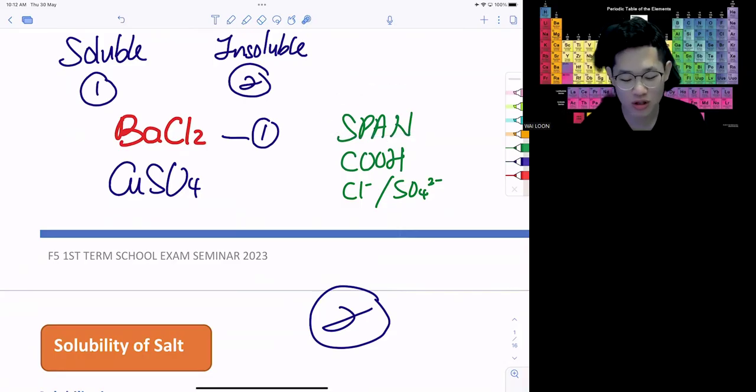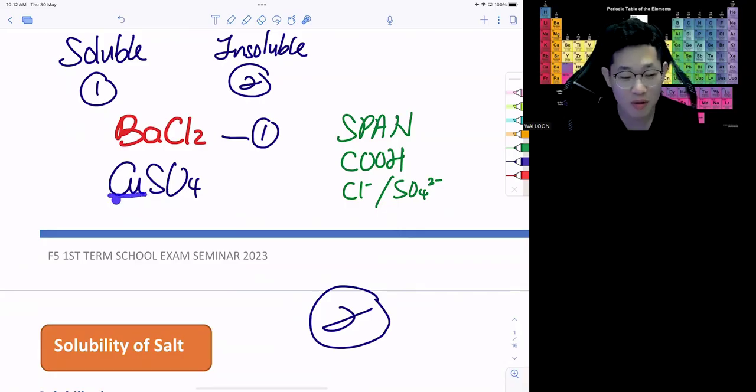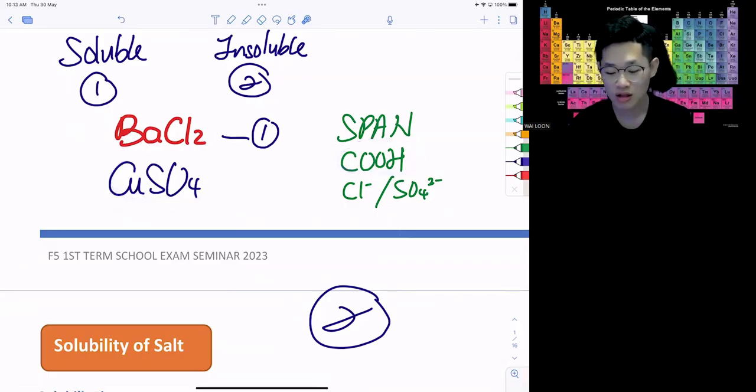Do we have sodium, potassium, ammonium, nitrate? You have, okay, you're not very good with salts. You have to really go through sodium, potassium, ammonium, nitrate. No. COOH? No. Then only the sulfate.